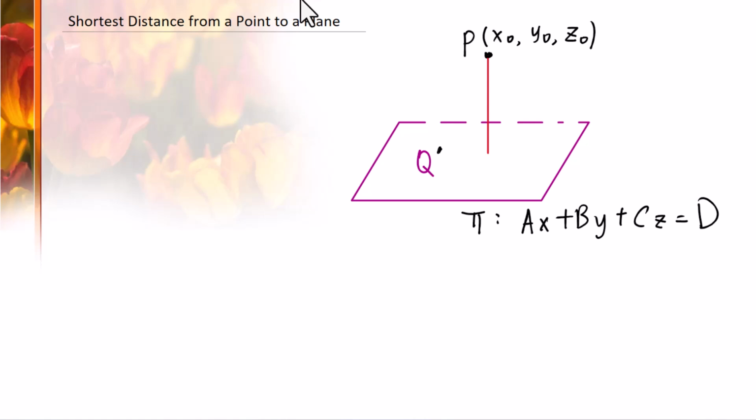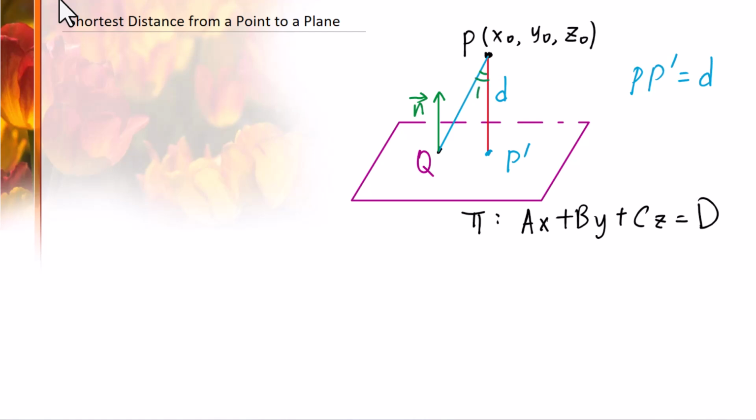Then connect PQ. The reflection point of P on the plane pi is P prime, so PP prime equals the shortest distance D. From this point Q, let's draw the normal vector of plane pi.